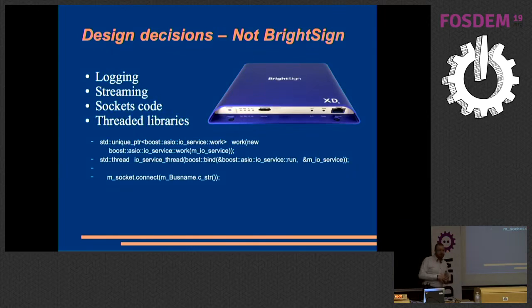Another design decision we had to make. Even though this is a company project, it's open source, and we don't want to have any of the Bright Sign stuff in it. These boxes have been made for the last 12 or 15 years or something like that, which means we've got a very good logging system, which I don't want to use. We've got all this clever streaming stuff. Don't want to use it. Sockets code, don't want to use any of that.